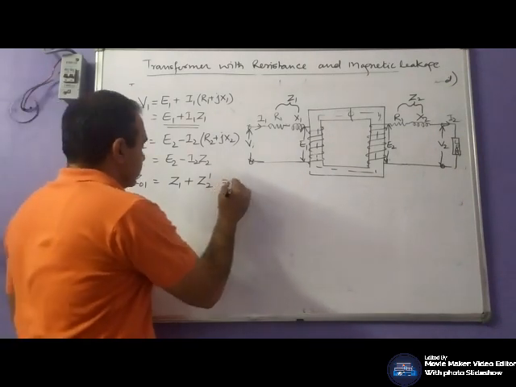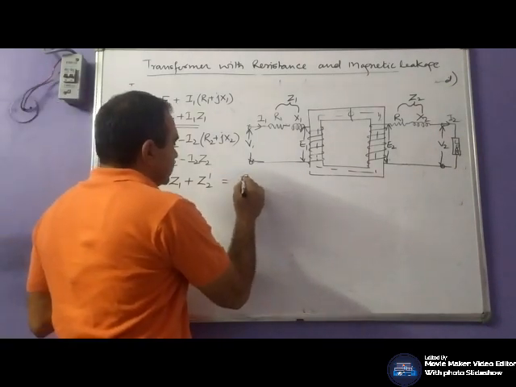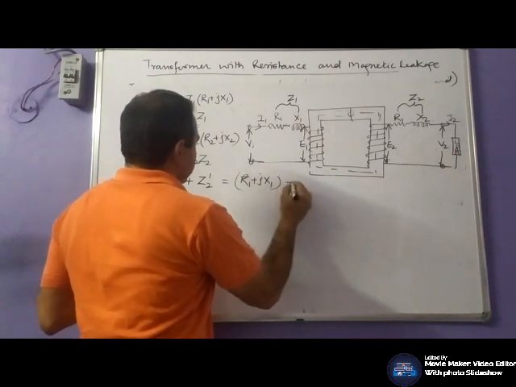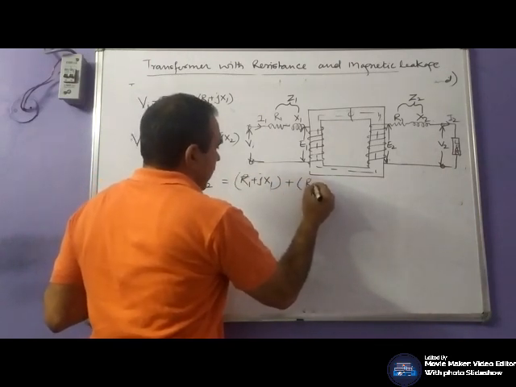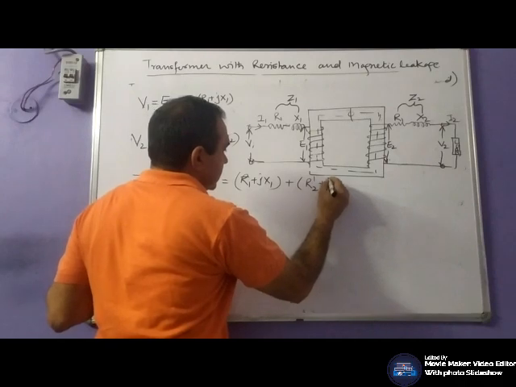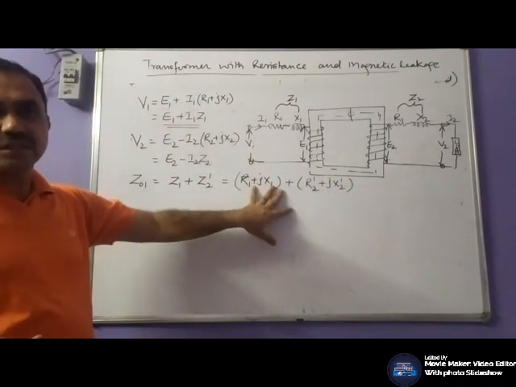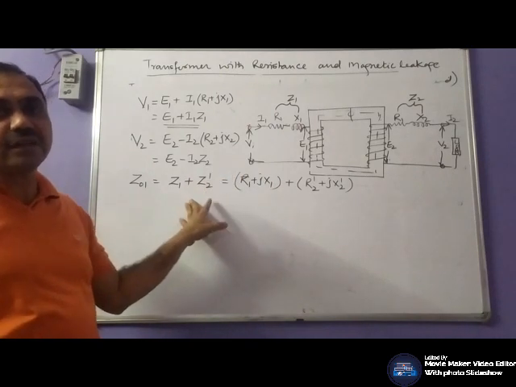That is, Z1 is R1 plus jX1, plus R2 dash plus jX2 dash. We have already discussed how we can transfer it.